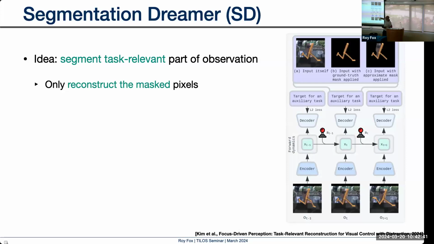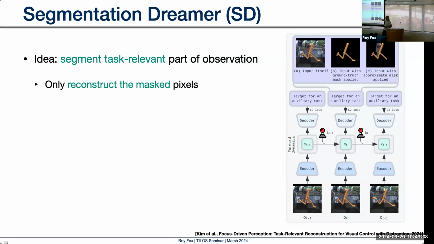So here's another view of Dreamer, right? We have here the input, we have here the dynamics, and we have a decoder. Now, how do we train a decoder? What's the loss here? Originally, there's a loss from the actual input. We need to reconstruct that again. You see here an example with distracting background, right? We just place some random video in the background of this walker task, and it's very distracting, right?